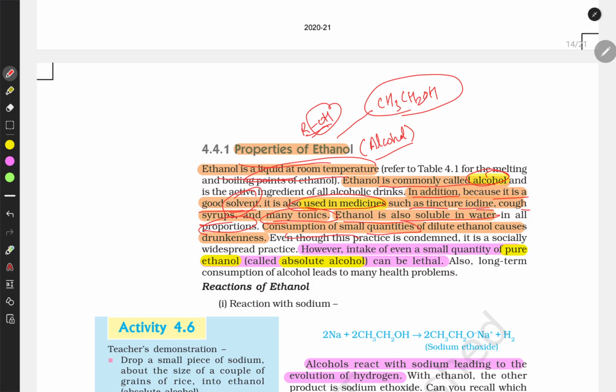Consumption of a small quantity of dilute ethanol causes drunkenness. So the drunkenness which alcohol causes is due to ethanol only. However, intake of even a small quantity of pure ethanol, which is called absolute alcohol, is lethal. It can kill.